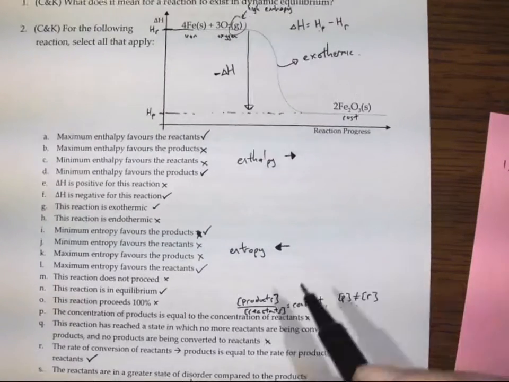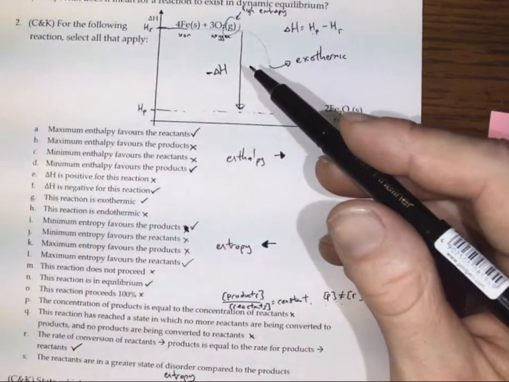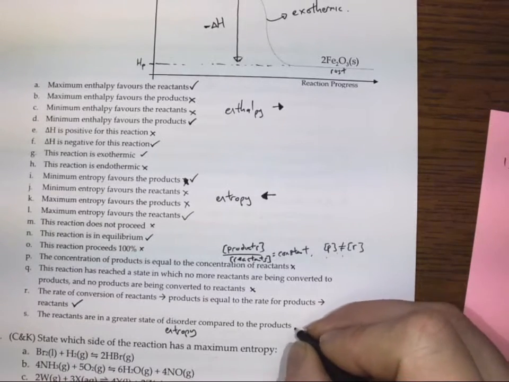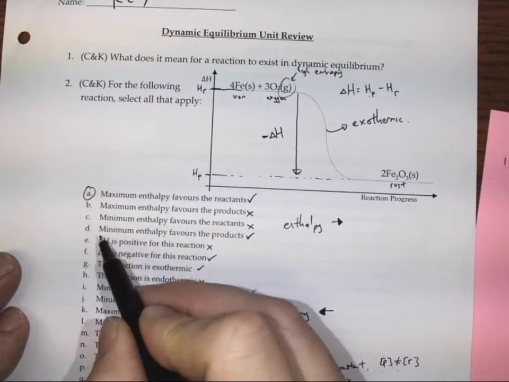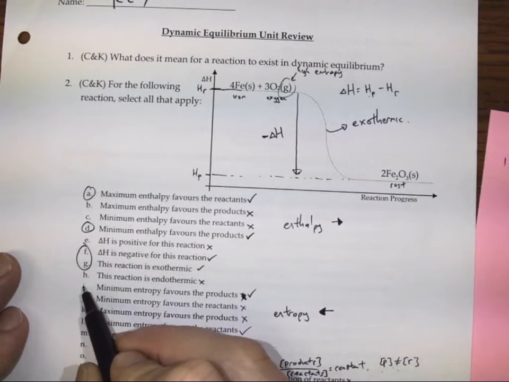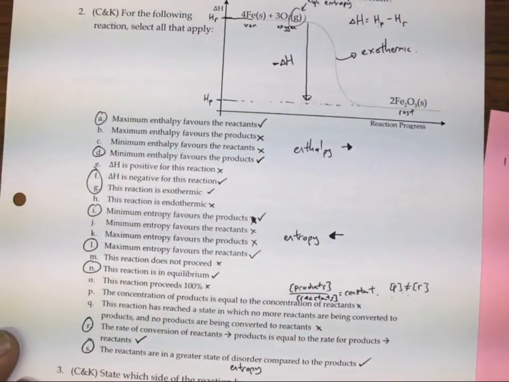Well, yeah, we said earlier that they have a higher entropy because of these gases. Gases are more disordered, more random in nature, so that is definitely true. So what do I have? A, D, E, F, I, L, N, R, and S are all correct.